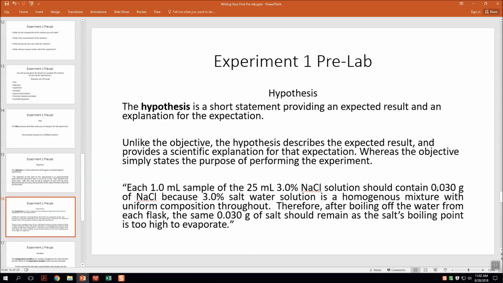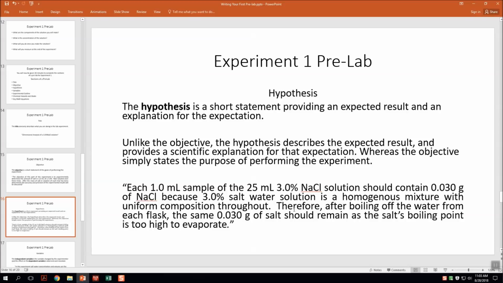And we have a scientific explanation of why: because it's a homogeneous mixture with uniform composition throughout. This is very important, and you'll learn more about this later. We added one more sentence, maybe not completely necessary, but it just makes it sound a little bit better. Therefore, after boiling off the water from each flask, the same 0.03 grams of salt should remain, as the salt's boiling point is too high to evaporate. So salt does not evaporate because it has a high boiling point.